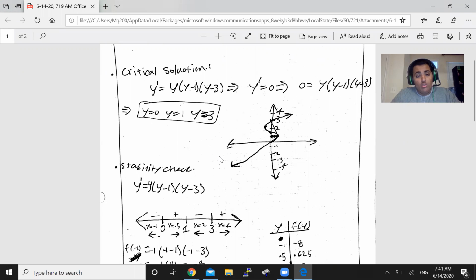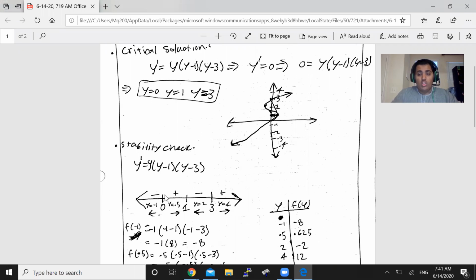Now you also need to check for stability. My best understanding of stability is that it looks at a number line of the critical solutions and sees if one is convergent or divergent. That's how it would affect the direction field.